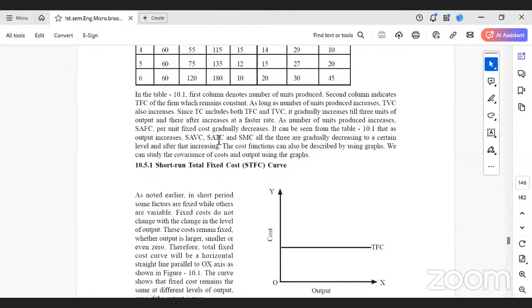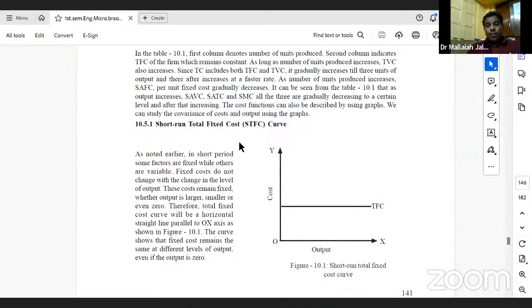That is all about the short run cost curves. Why is this total fixed cost horizontal to the x-axis? It is horizontal to the x-axis because the cost is fixed. That is the reason why whether the output is changing or not doesn't matter.